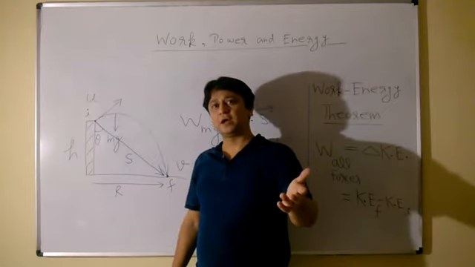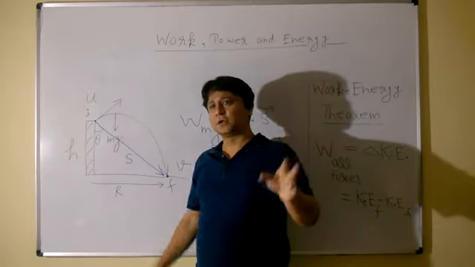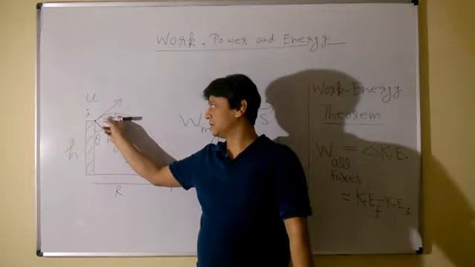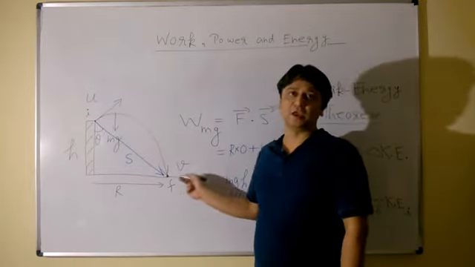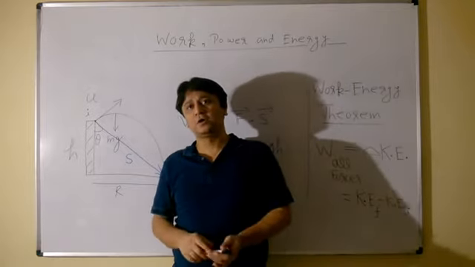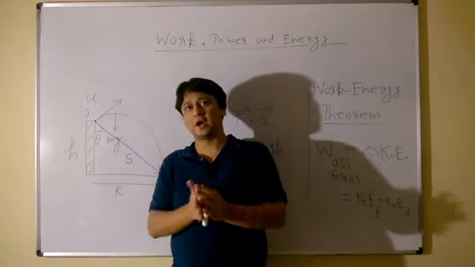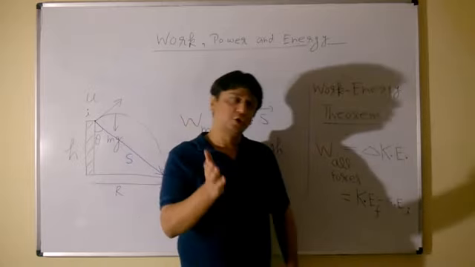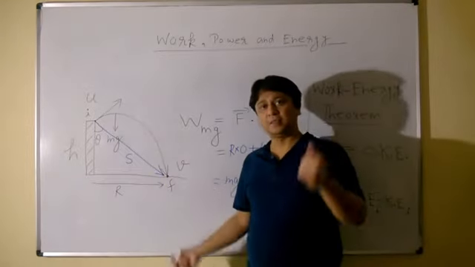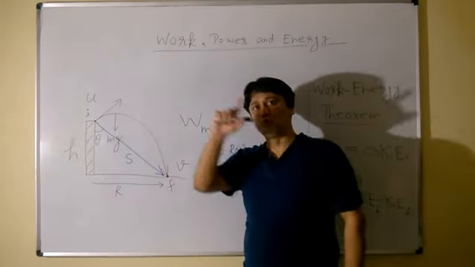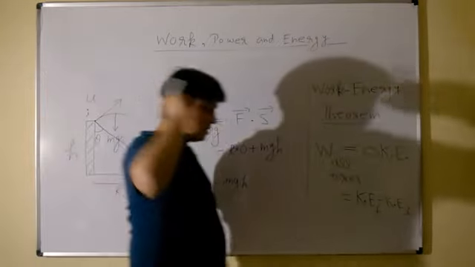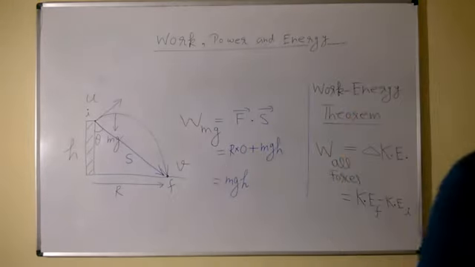And then we used to say, whatever happens, horizontal component of U never ever changes. And therefore, when it hits, you keep the horizontal component intact. For the vertical component, you go for V square equals U square plus 2AS in the vertical direction. That's how you find Vx and Vy. And then the vector form of V is root over Vx square plus Vy square.